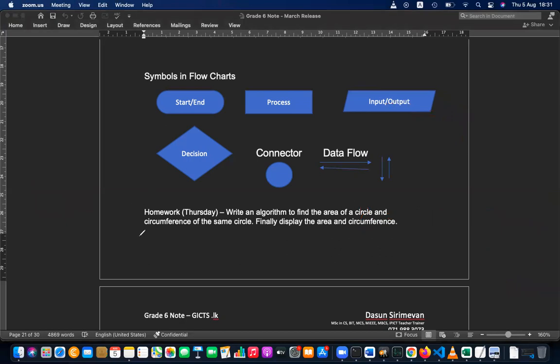Okay. After writing down this example, please write down this example.